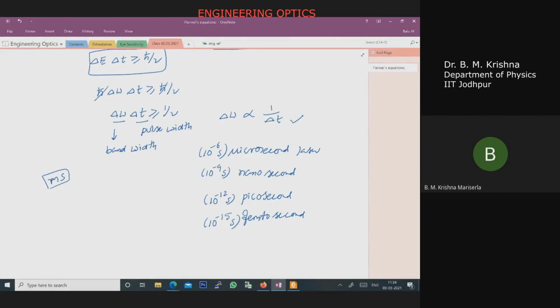These lasers can resolve times within femtoseconds. That means you can capture fast events happening in nature using these pulsed lasers.